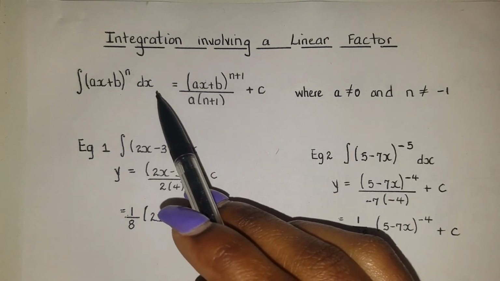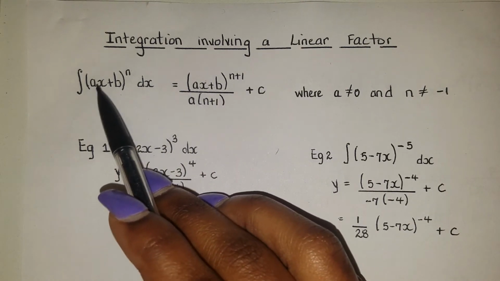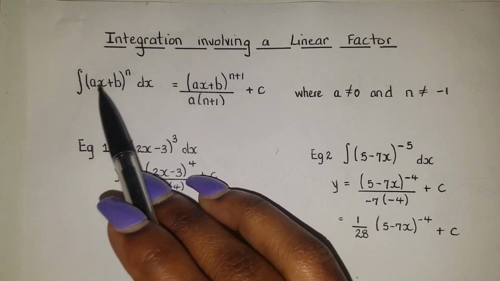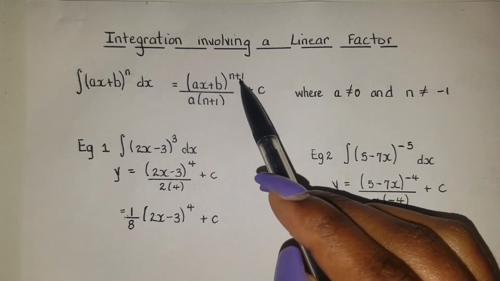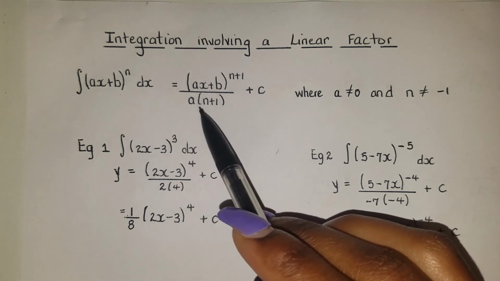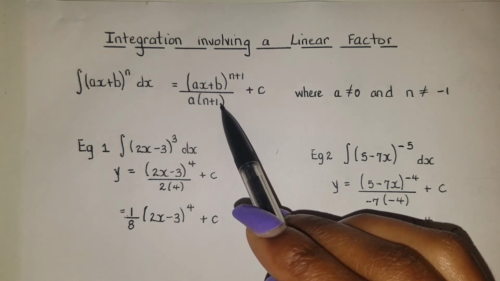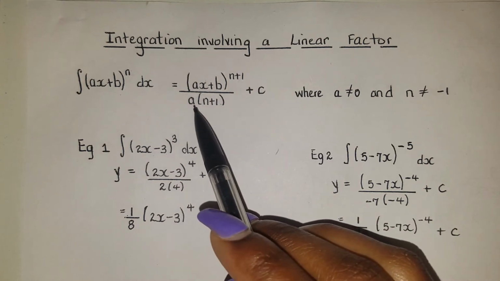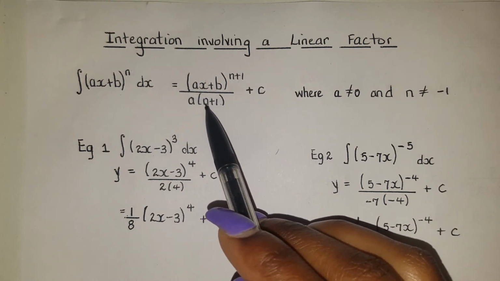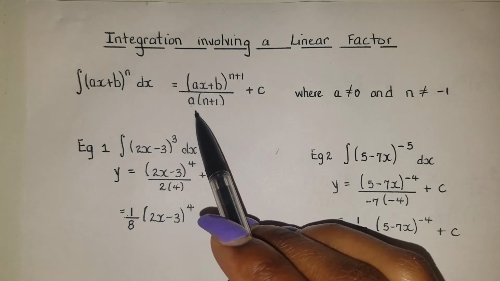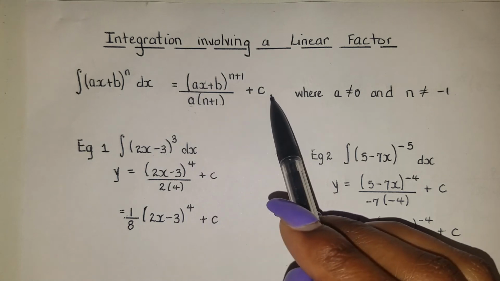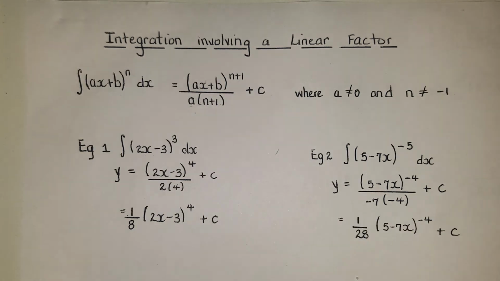It says when we're integrating a linear function raised to a power, we add 1 to the power and divide by that answer. But additionally, we now have to multiply that by a, where a is the coefficient of x. And we put our plus c at the end as normal.